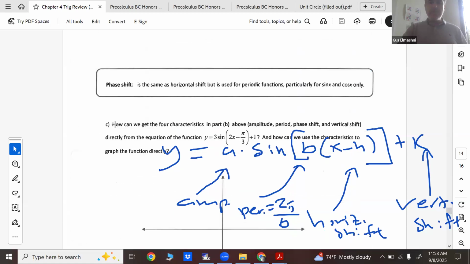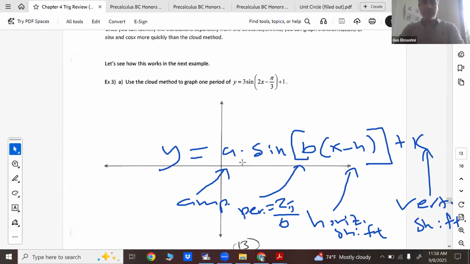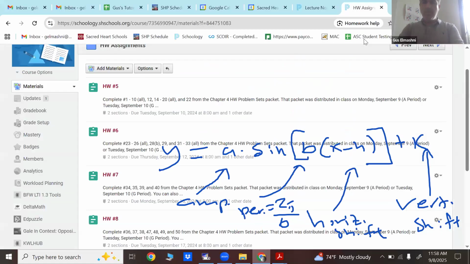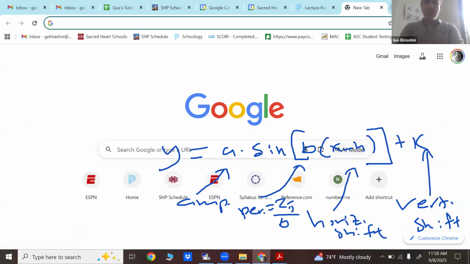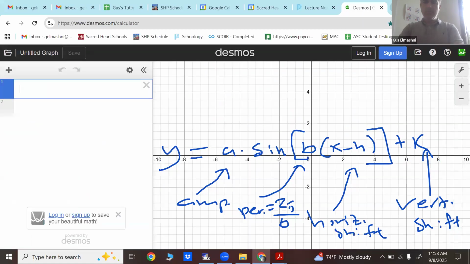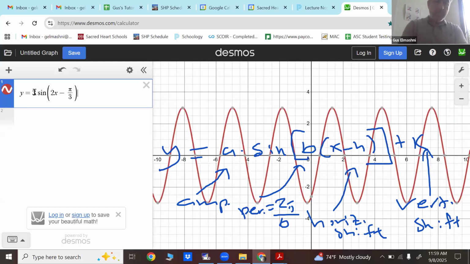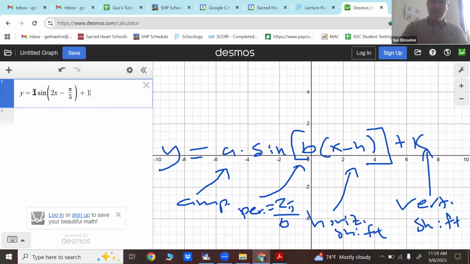I want to show you this in Desmos, in case you're curious. So y equals 3 sine of 2x minus pi over 3, plus 1.